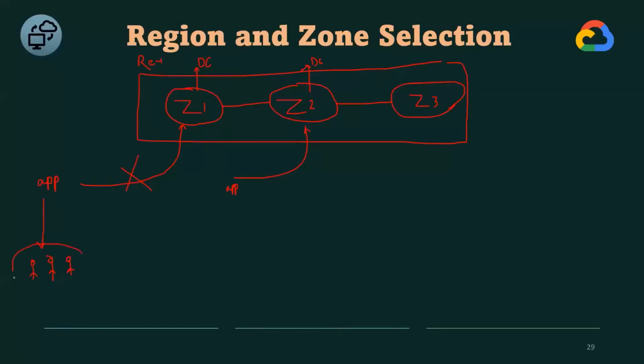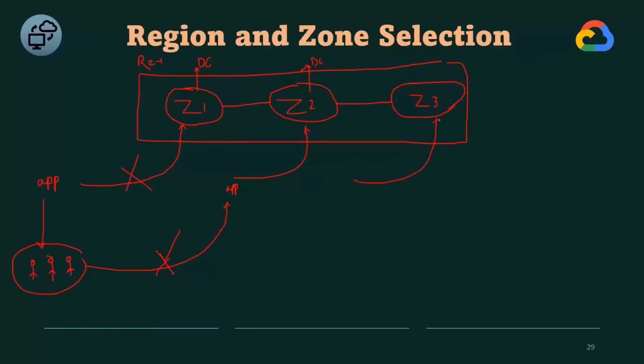So your target users are still able to connect to the application. Because of some unexpected failure, zone 1 has crashed, but they can access it from zone 2. Assume that zone 2 has also failed.